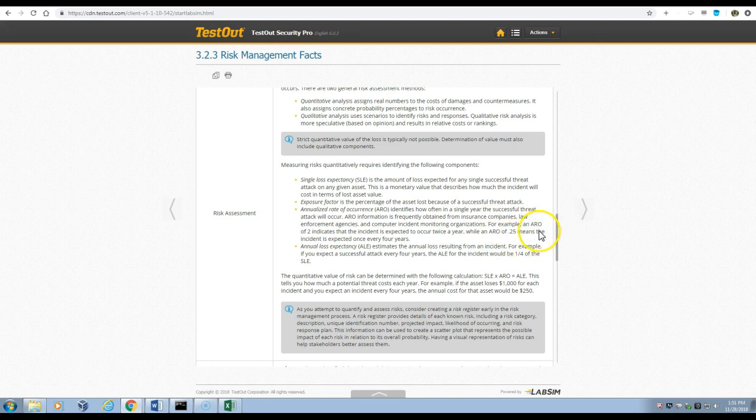For example, an ARO of 2 indicates that the incident is expected to occur twice a year, while an ARO of 0.25 means that the incident is expected to occur every 4 years.